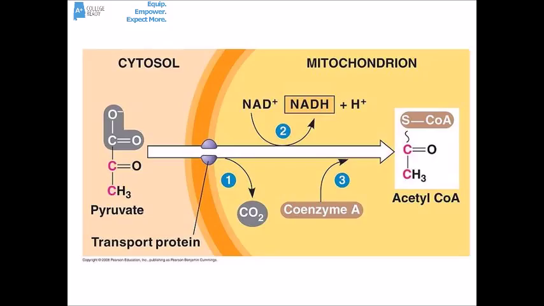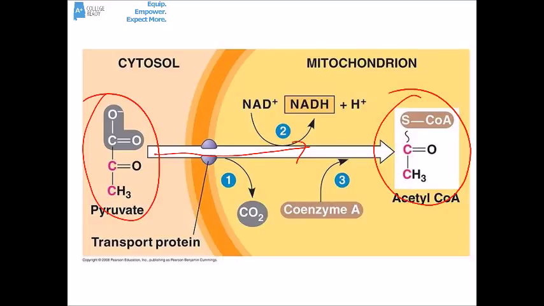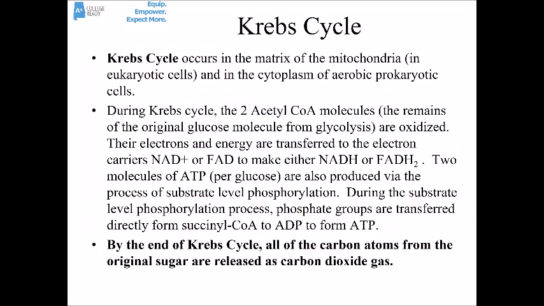And we can see that happening here. So here's our pyruvate. It moves into the mitochondria where the pyruvate conversion happens and it forms acetyl coenzyme A. At that point, the cell's ready to carry out the Krebs cycle.